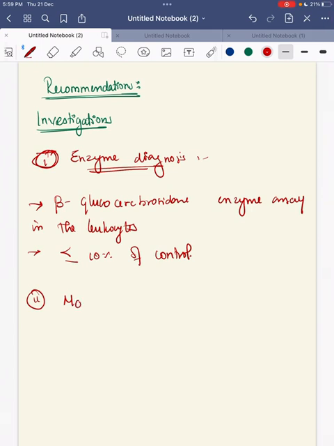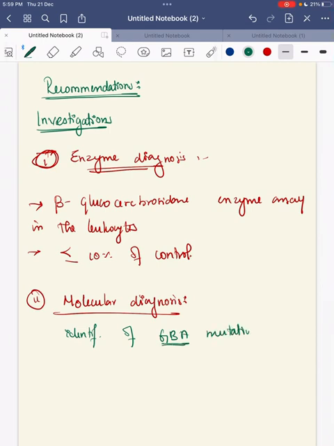Second recommended investigation is molecular diagnosis. So in molecular diagnosis, you will be finding the gene mutation, that is identification of GBA mutation. So when there is a mutation in GBA, it helps to confirm your diagnosis.